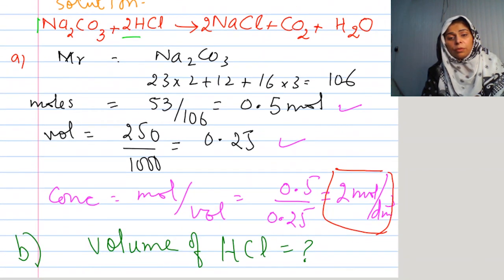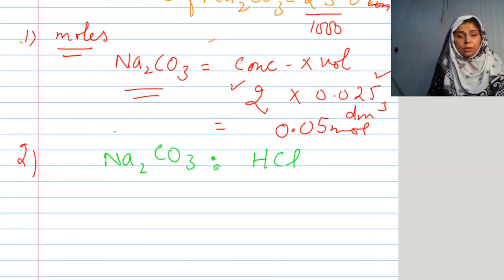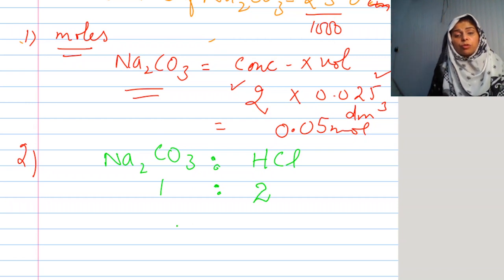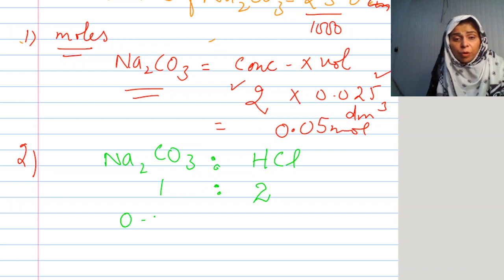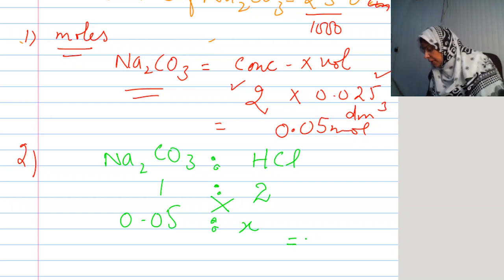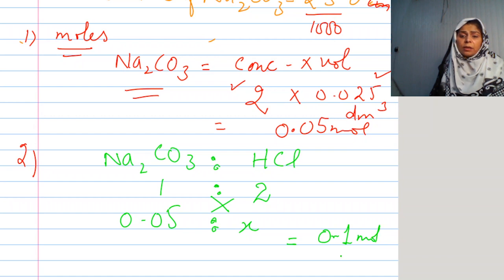Now if we have 0.05 moles of Na2CO3, how many moles of HCl will there be? 0.1 mole of HCl, right?